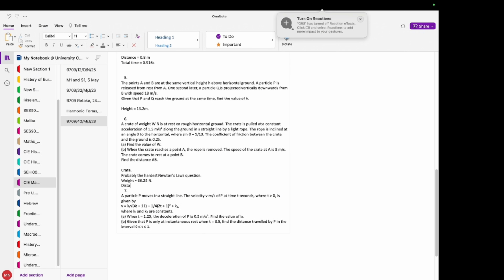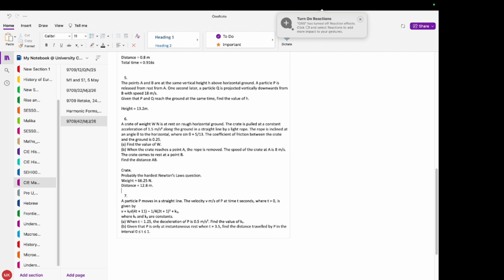The distance should be 12.8 meters. Many candidates might have forgotten, unfortunately, that the normal reaction is reduced by the vertical component of the rope. This question is also medium to hard difficulty in my opinion.